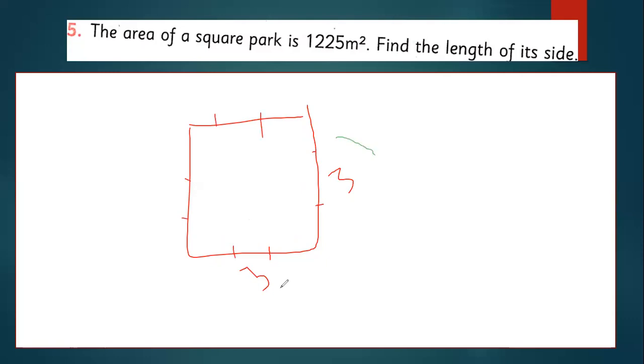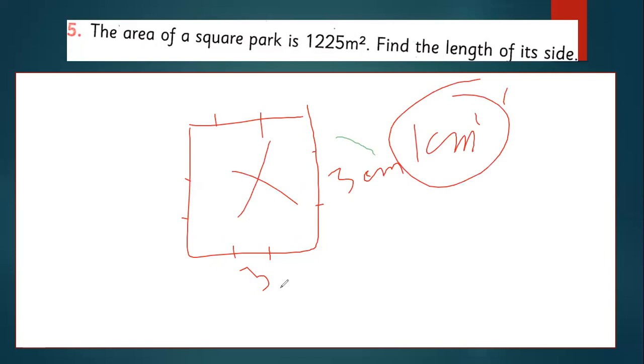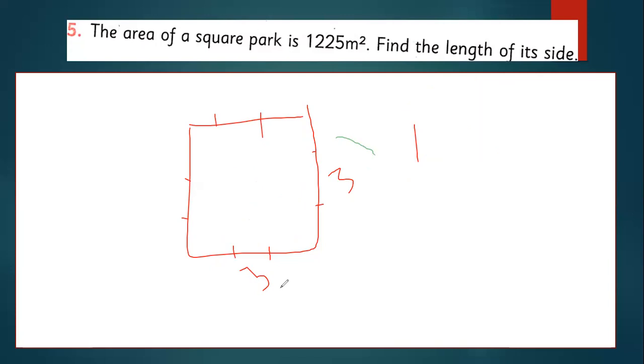So by square we mean, let this be centimeters, how many 1 centimeter squares will be there inside this closed figure? For that, just multiply these two. What will you get? 9. This is in centimeters, so your answer will be 9 centimeter square.